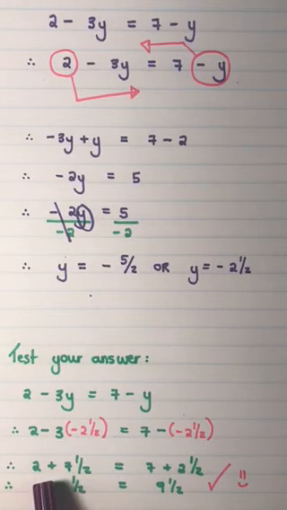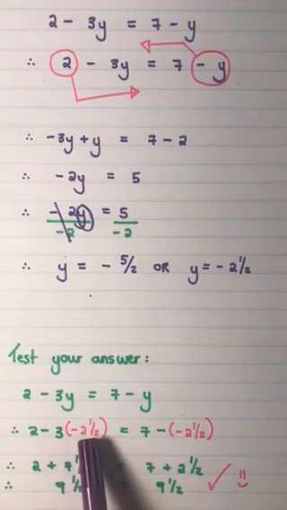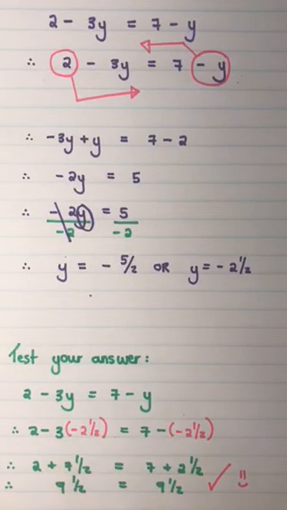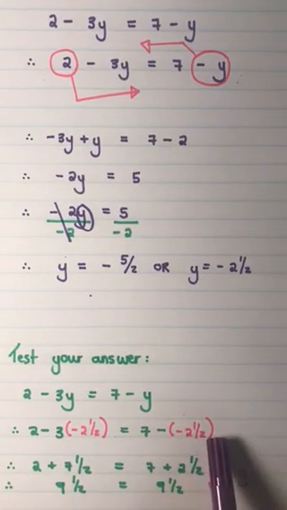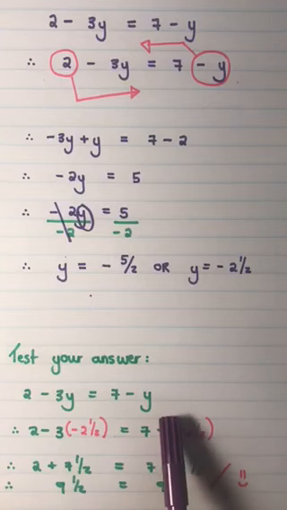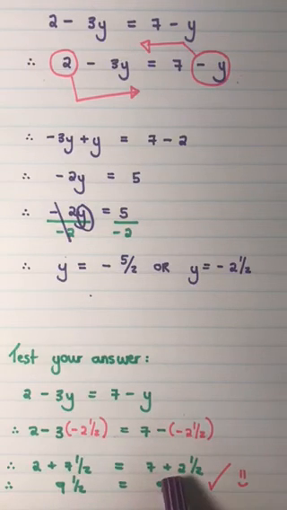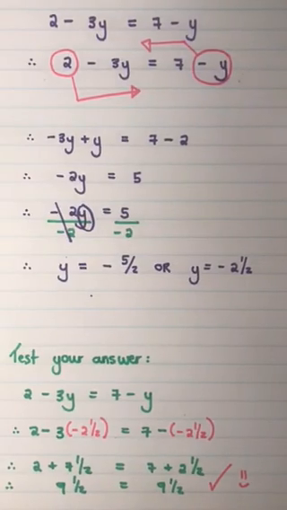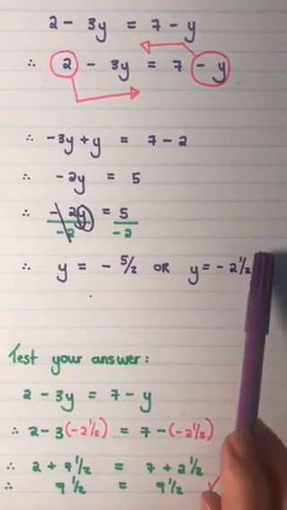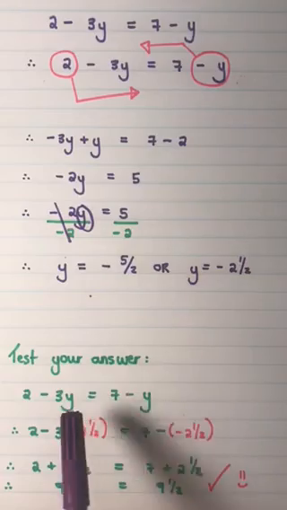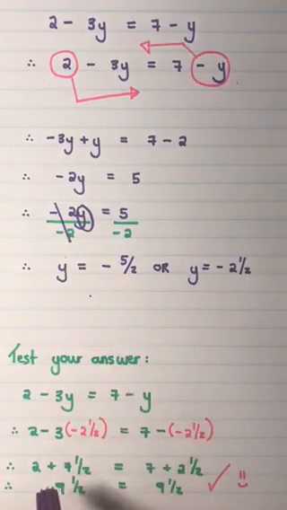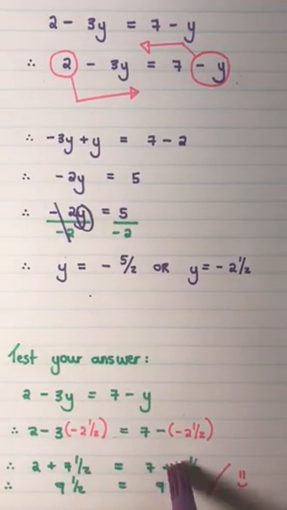Negative times a negative becomes a positive, and 3 times 2.5 gives you 7.5. Okay, over here 7 minus (-2.5), remember the signs melt together, they become a positive. 7 plus 2.5 also gives you 9.5. So your answer is true. If you replace y with -2.5, it makes the equation true.